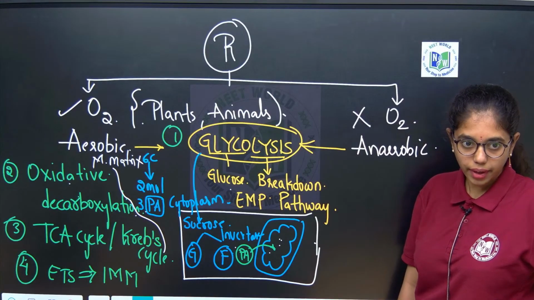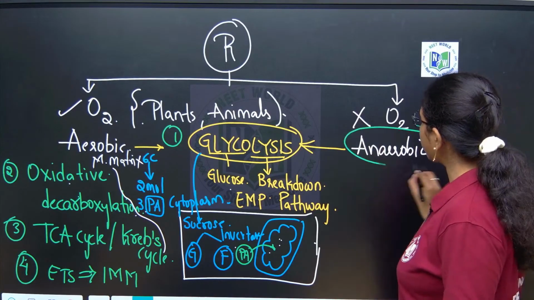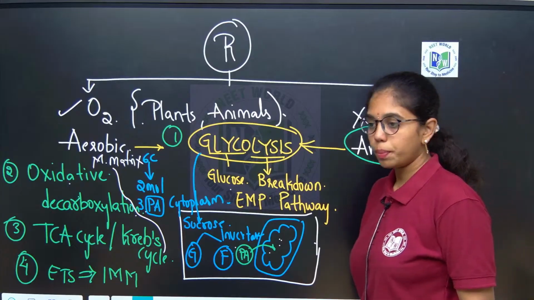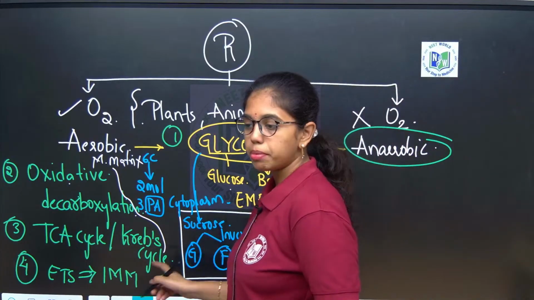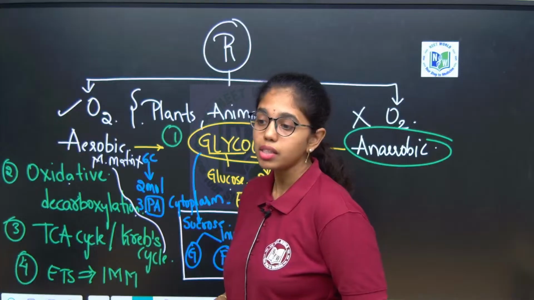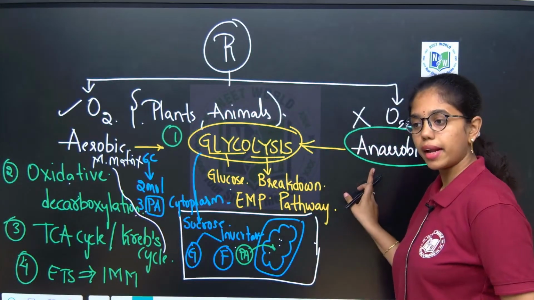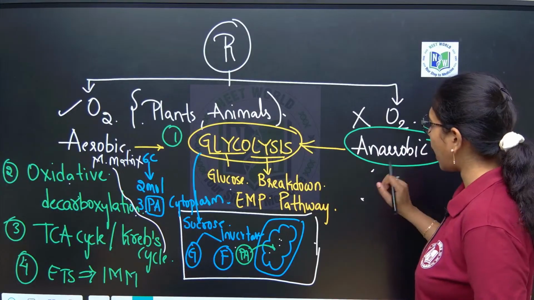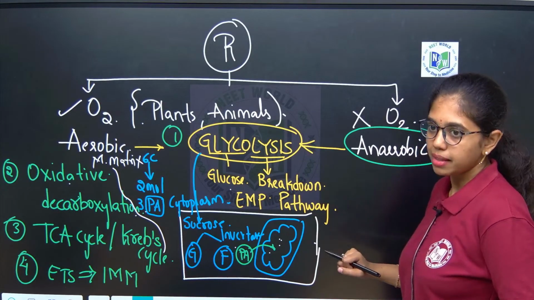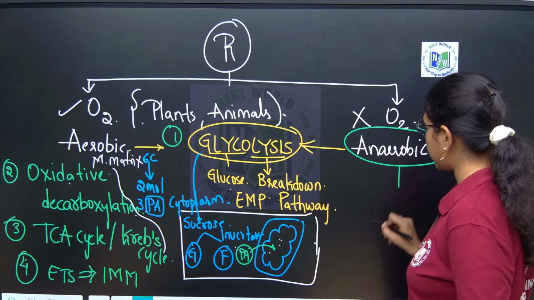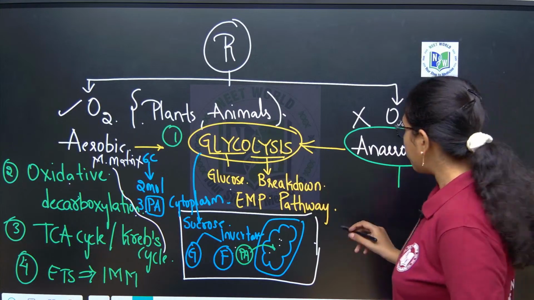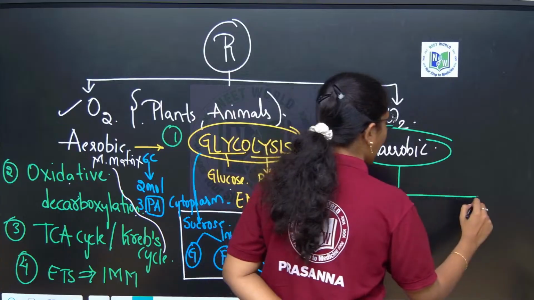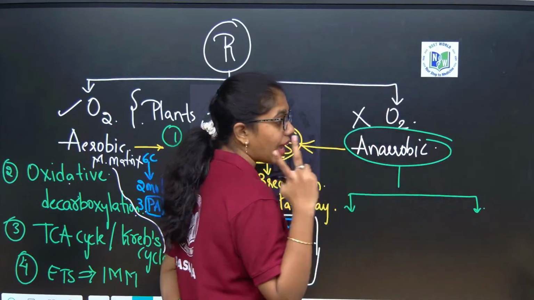No doubts anywhere, right? Now, in anaerobic respiration, everything happens in the cytoplasm only, because this happens mostly in the prokaryotes and no membrane bound organelles will be there. And in anaerobic respiration, after glycolysis, based on the cell location and type of fermentation, we have 2 types.